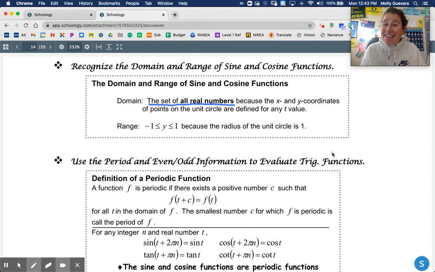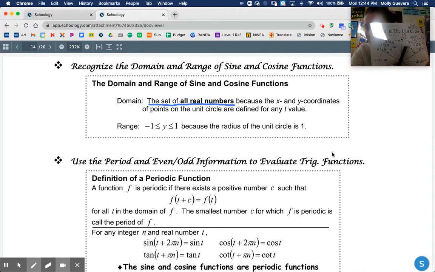Then the range is what I can get out for sine and cosine. Sine is my y values. The lowest y value I have right here is negative 1, and the highest y value is positive 1. I'm not going to get an output of 6 or whatever.